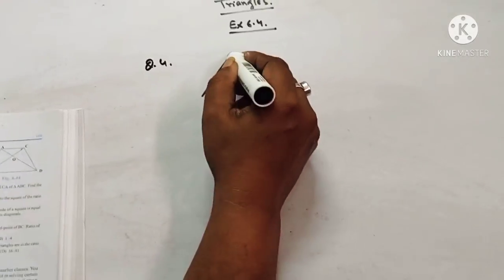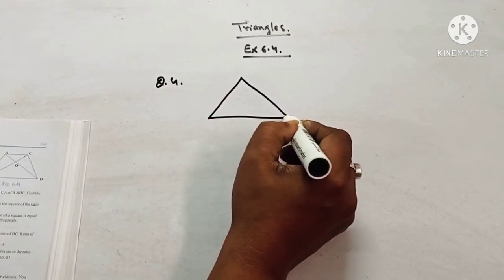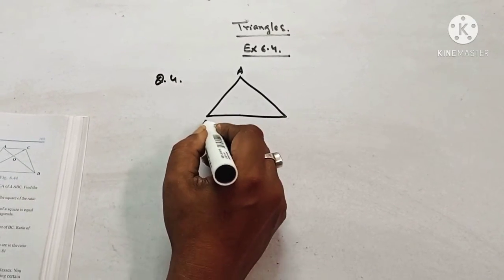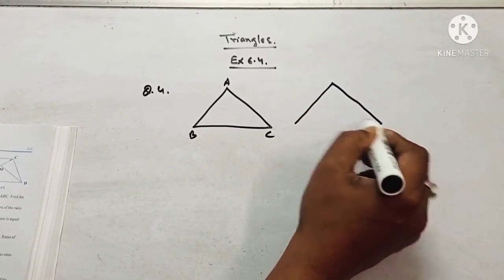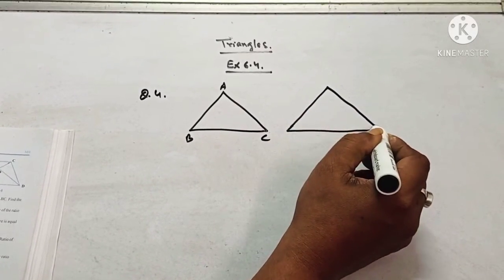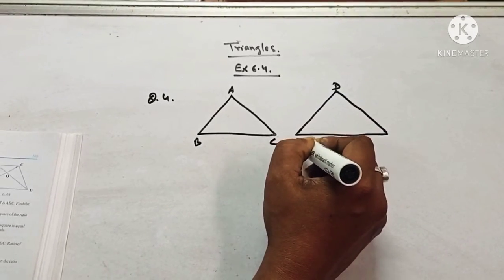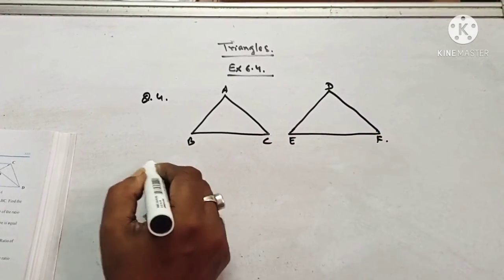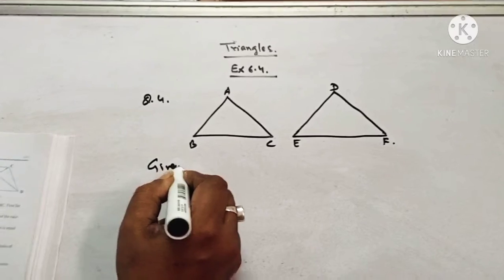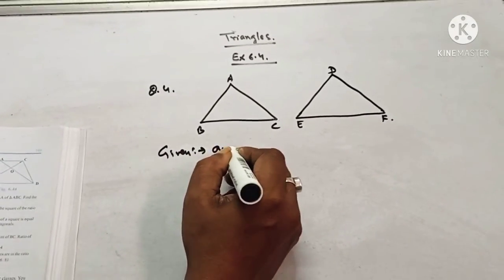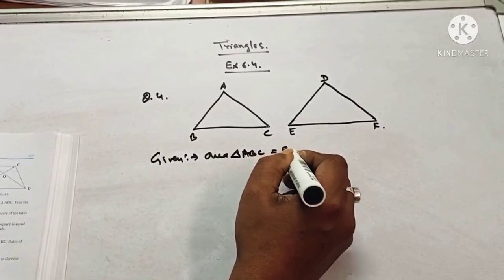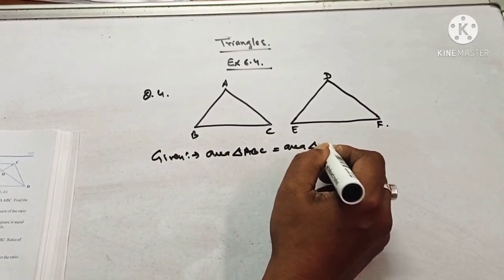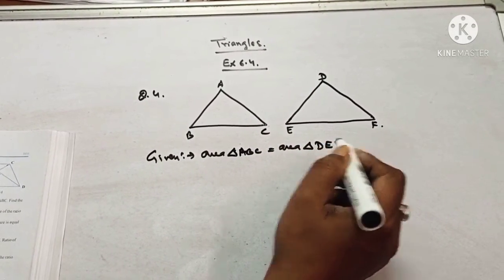That is, two triangles are given to you, A, B, C, and another triangle D, E, F. Now it is given that area of triangle ABC is equal to area of triangle DEF. This is given to you.